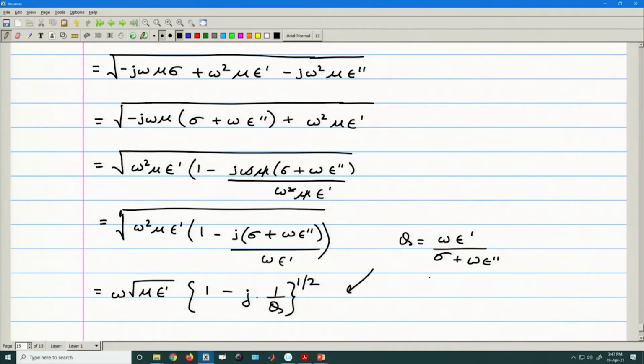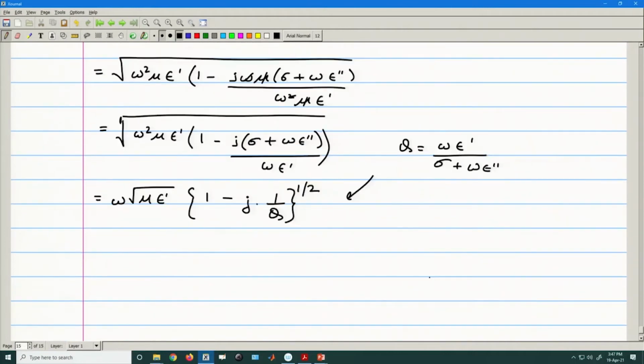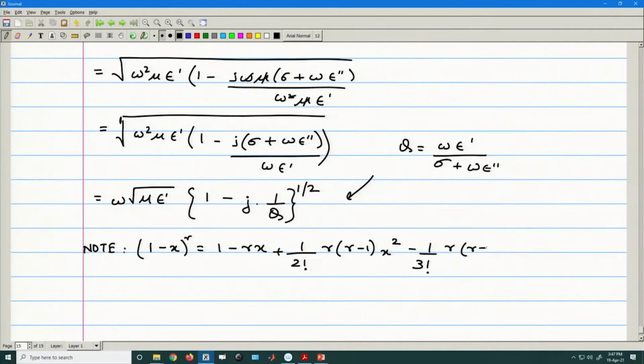Okay. Now, we need to expand this. So, we can note that 1 minus x raised to the power r can be expanded as 1 minus rx plus 1 by 2 factorial r multiplied by r minus 1 x square minus 1 by 3 factorial r minus 1 r minus 2 x to the power 3.